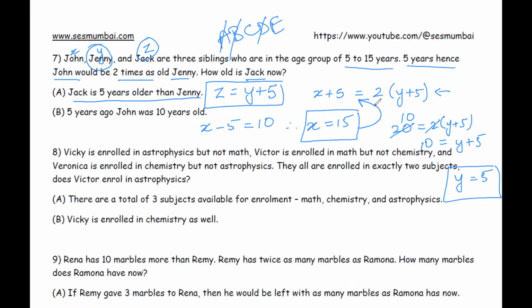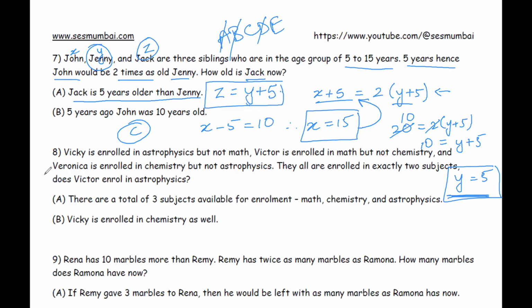So this one doesn't tell me Jack's age. So A was out, D was out, then B is also out. Taking both together, once we get Y is equal to 5, we can plug it in here and we come to know Z is 10. So Jack is 10, Jenny is 5, and John is 15. So that's how we figure it out. So C is the answer.